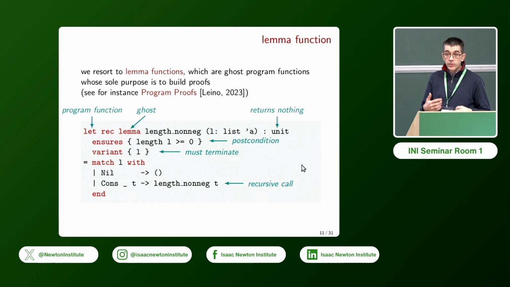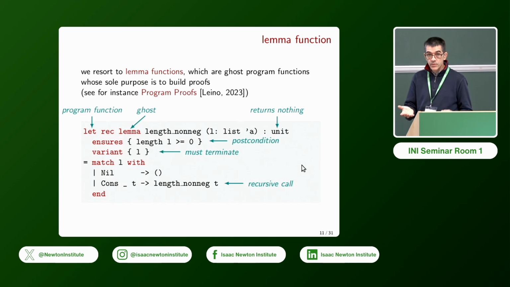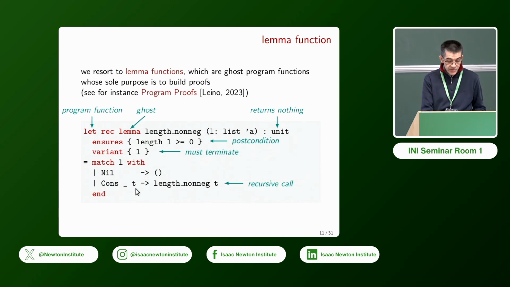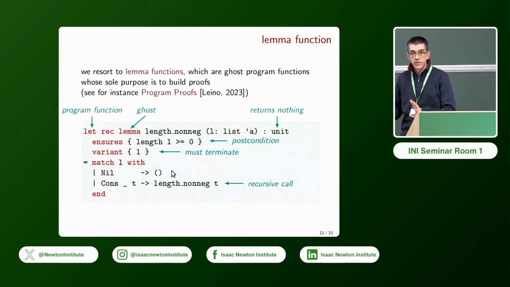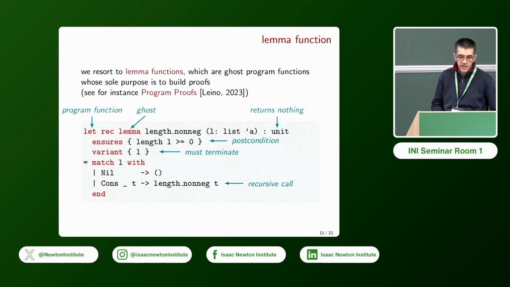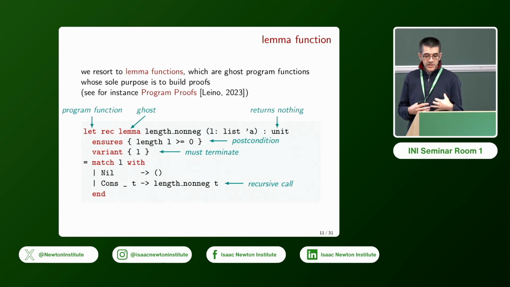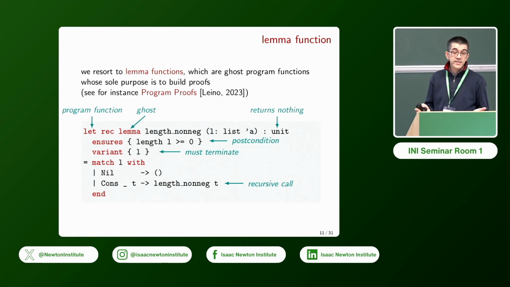Here we are doing a pattern matching over the list with match, and in the 2 cases we have some ghost code. In the first case there is nothing, so we are letting the SMT solvers do the proof in the nil case. And in the cons case, we are simply making a recursive call to the function length non-neg, which is a recursive lemma function. And that's it.